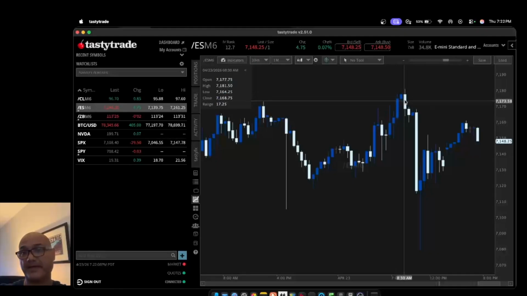When I came back from my break, notice here this white candle that I'm hovering over. There was a considerable drop in the market. I still don't know what it was about, and as this kind of thing is happening, I really don't care. All I know is that something's going on, and it might be time for me to make an adjustment.